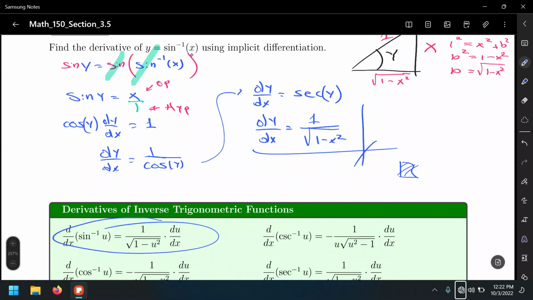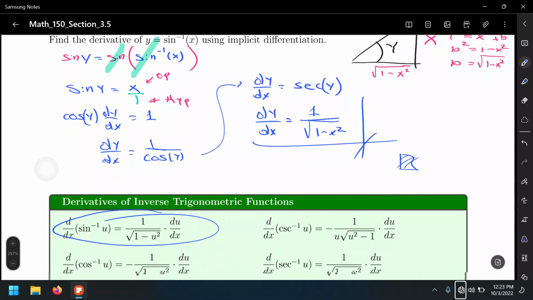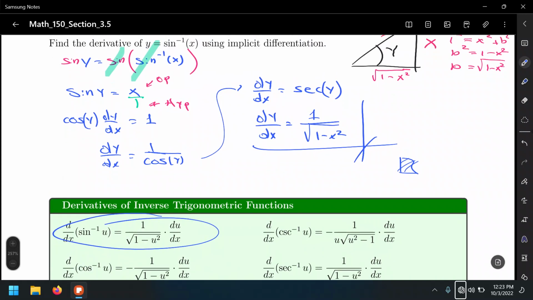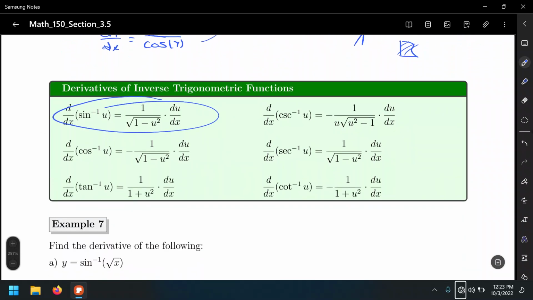But in general, if it's just x, there's no need to multiply. And that's how we get the derivative of inverse sine using some pre-calculus techniques, together with implicit differentiation. We don't have to derive this formula, so just one example is fine.